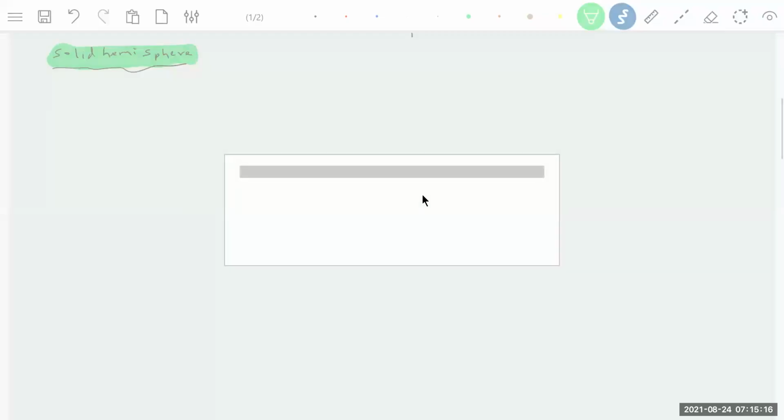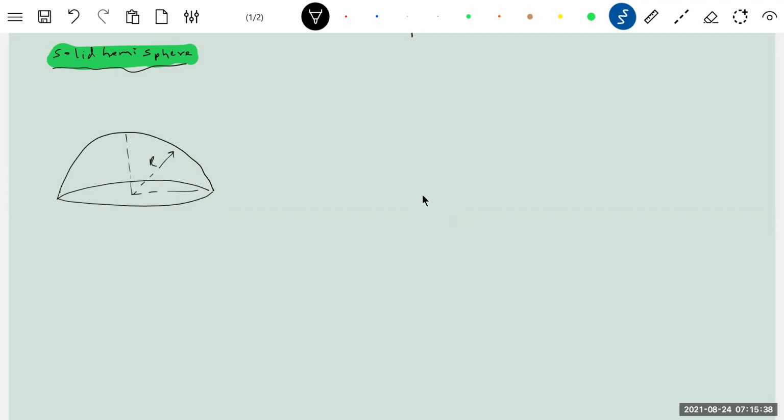Sir, one scroll up. No need, I'll send the PDF. You can check that one. No, go for the solid hemisphere. This is what it looks like. So the radius is r, and the mass is present everywhere.